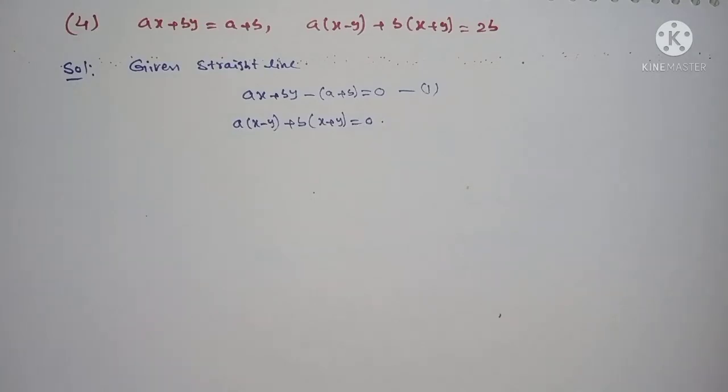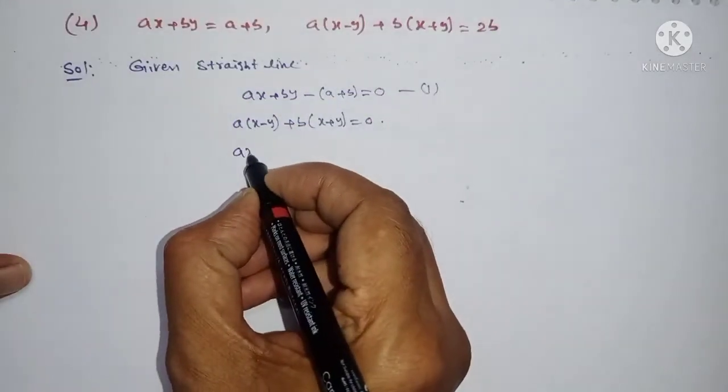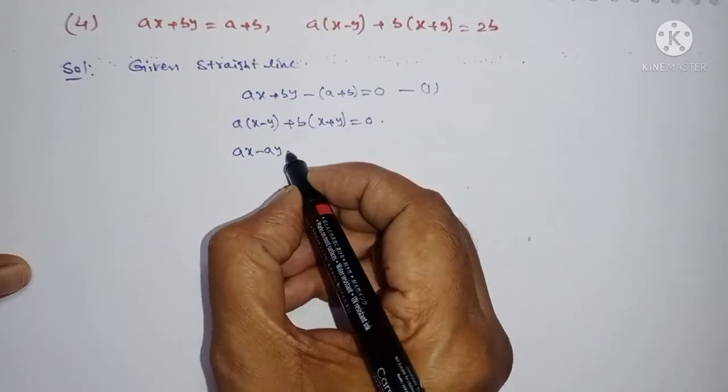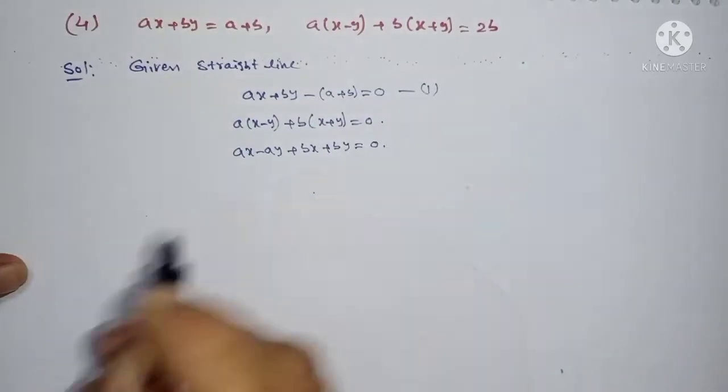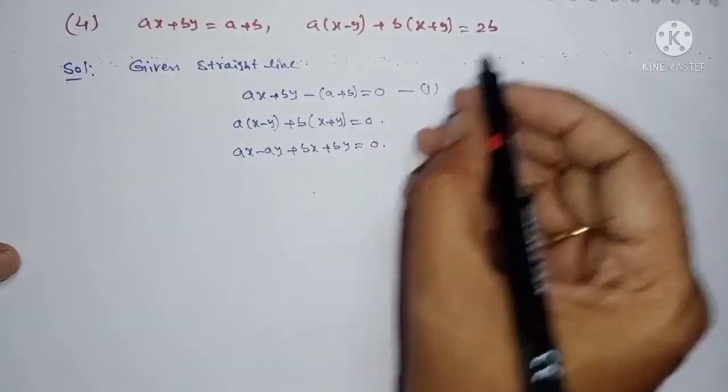How to reduce? You can observe here. Therefore, ax minus ay, bx plus by is equal to 2b, is there, na?